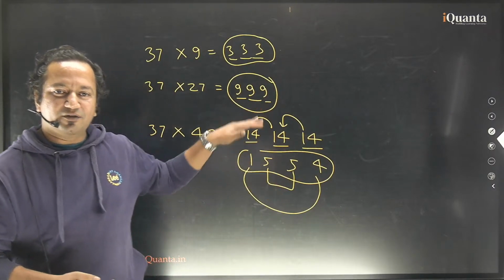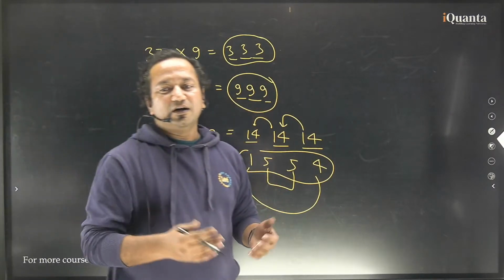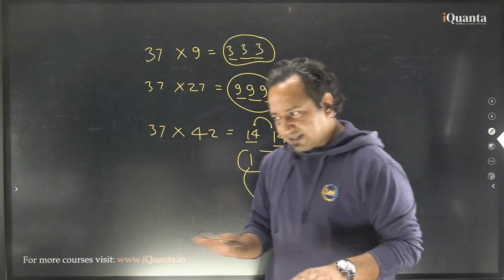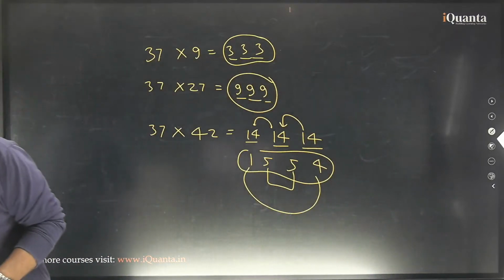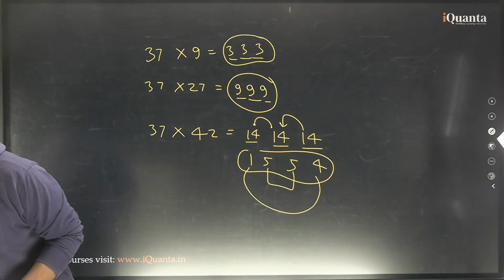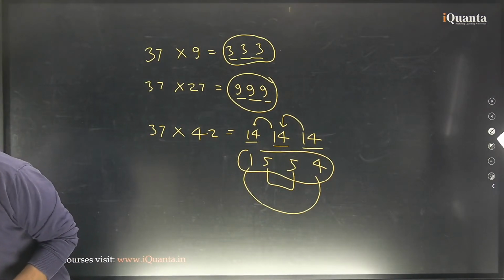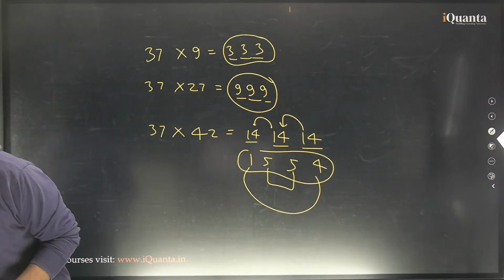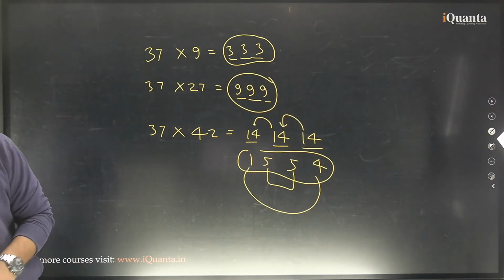So this is how you can identify that a number is a multiple of 37. Got it, everyone? People on Facebook, people on YouTube, I hope that is clear to everyone. Just note it down anywhere.